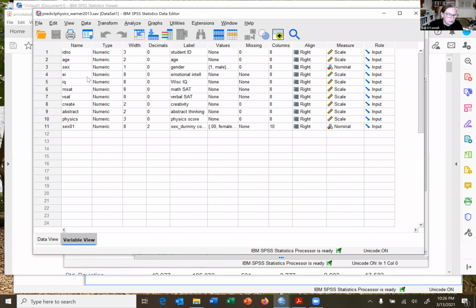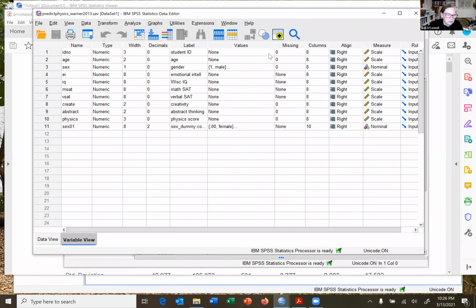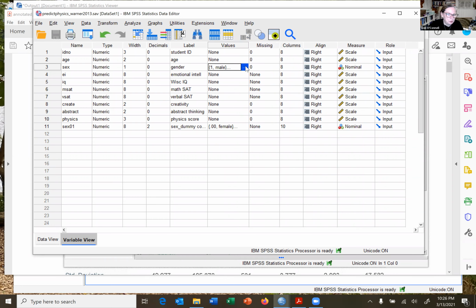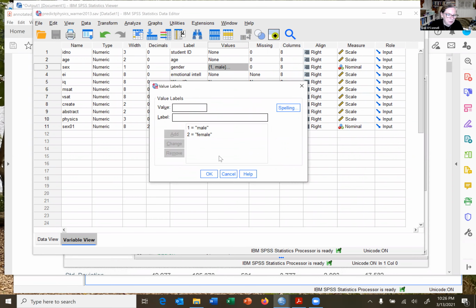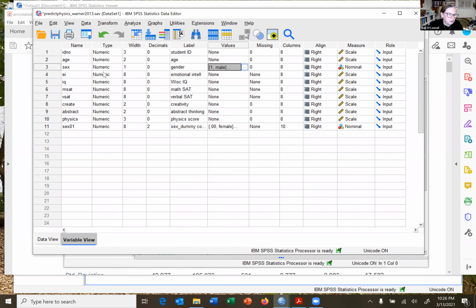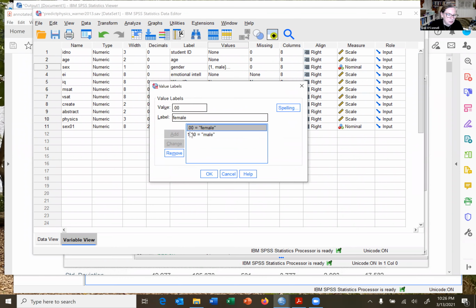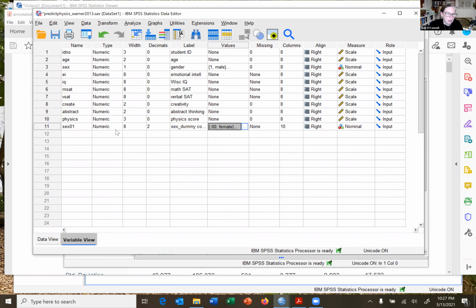So you can click on variable view and see how those are coded. 1 is male and 2 is female for sex, and 1 is male and 0 is female for the sex 0, 1 variable.